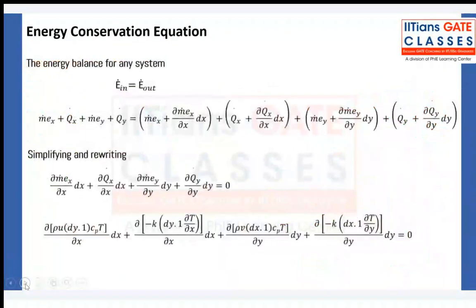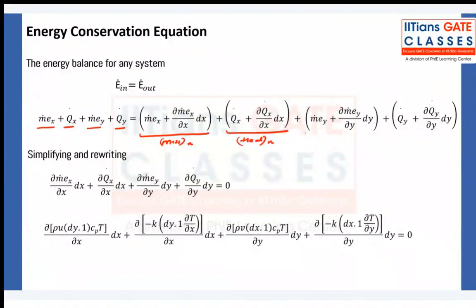So energy in is happening first of all in x direction because of mass and because of heat. In y direction, energy in because of mass and because of heat. Now this is energy out because of mass in x direction, this is because of heat in x direction, as I have shown you earlier.